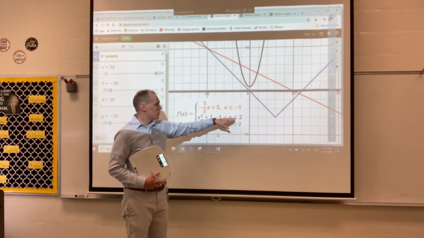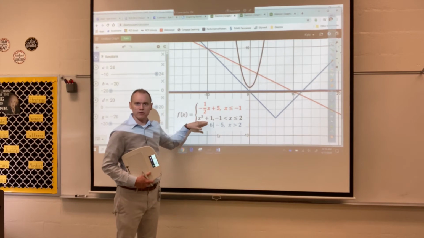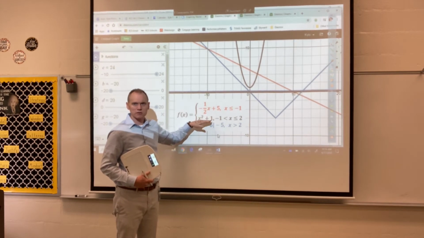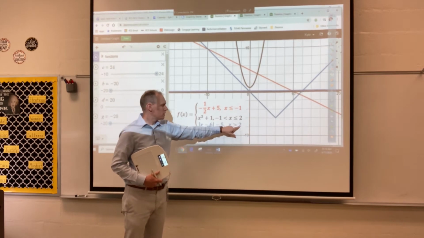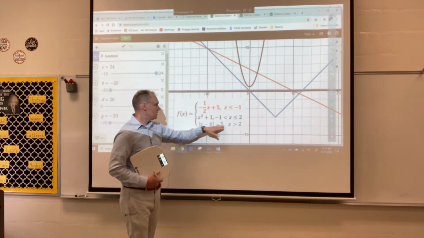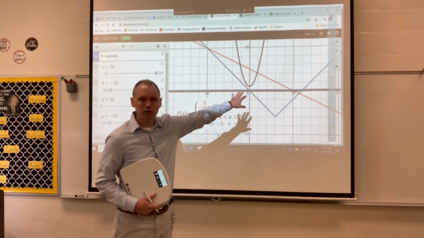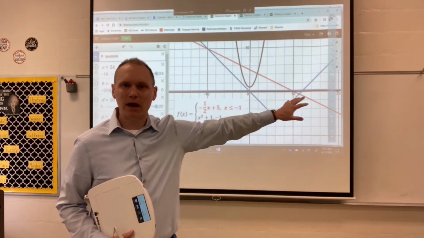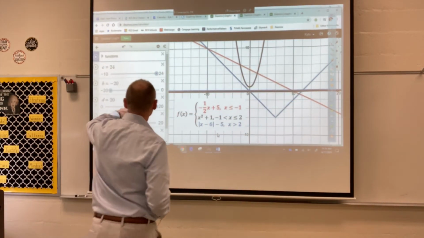In between negative 1 and 2, so in here somewhere, you're going to obey this quadratic function. So you're going to square the x value, then add 1 to it. And then all x values greater than 2, so over here, you're going to obey this function, which is an absolute value function.